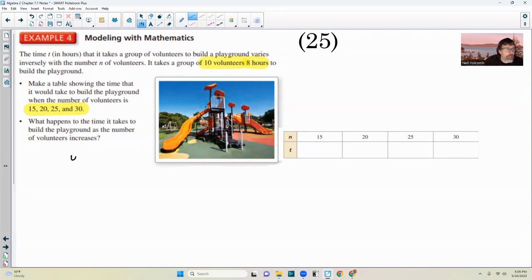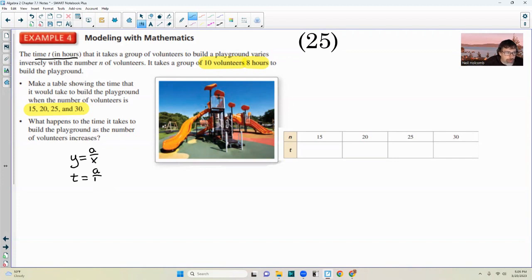So we want to use the equation y equals a over x. And then we want to change it, because time t in hours it takes a group of volunteers, that is going to be our y. So now t equals a over, and it's not x now. This is our x and this is our y.